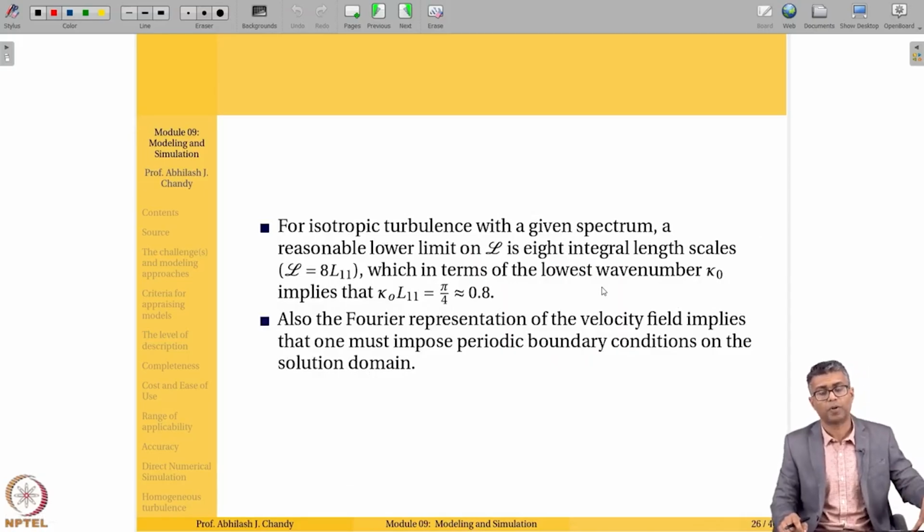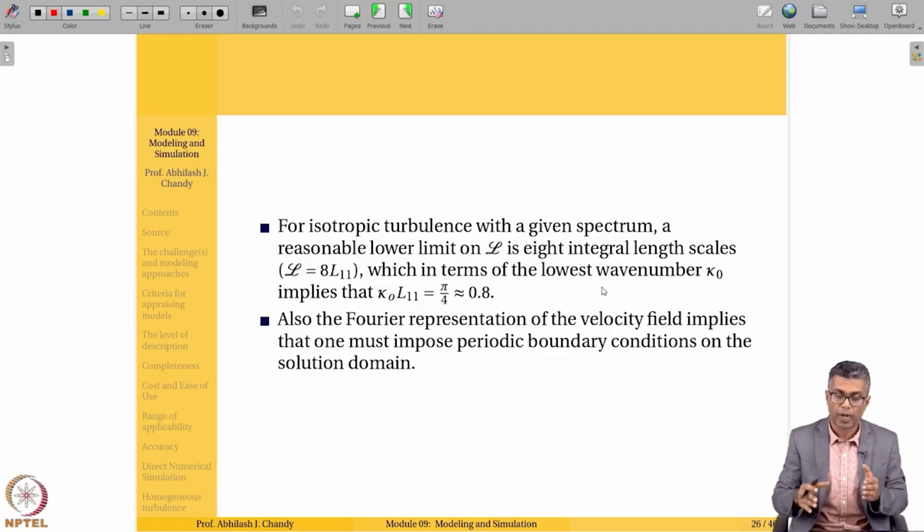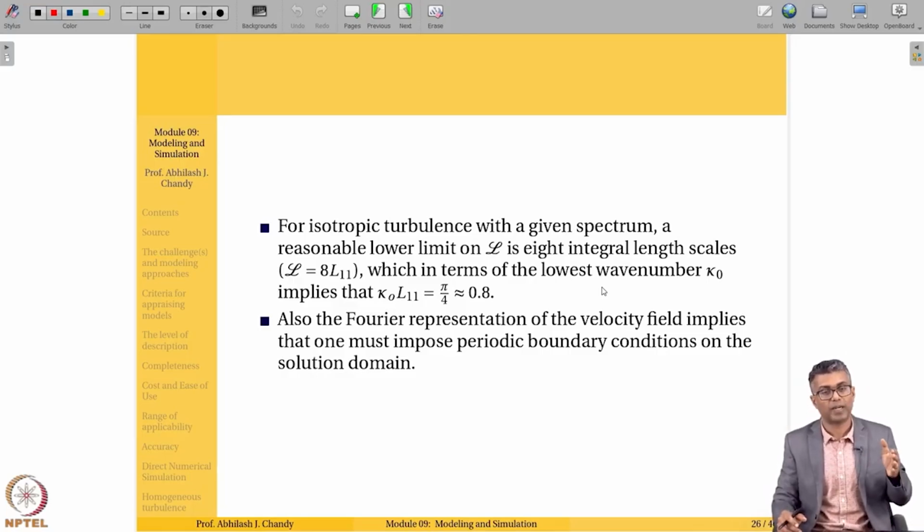So for isotropic turbulence, a reasonable lower limit on L is 8 integral length scales. We can say that L is 8 times L11, and this comes from an analysis we did a couple of modules back where we looked at where the energy containing scales were, and we realized that it was from about 6 to 8 times the largest length scale, and then all the way to 1/6 L0.